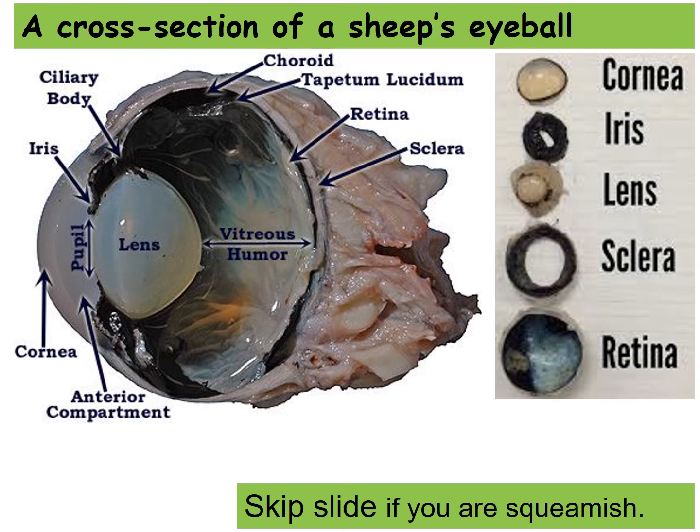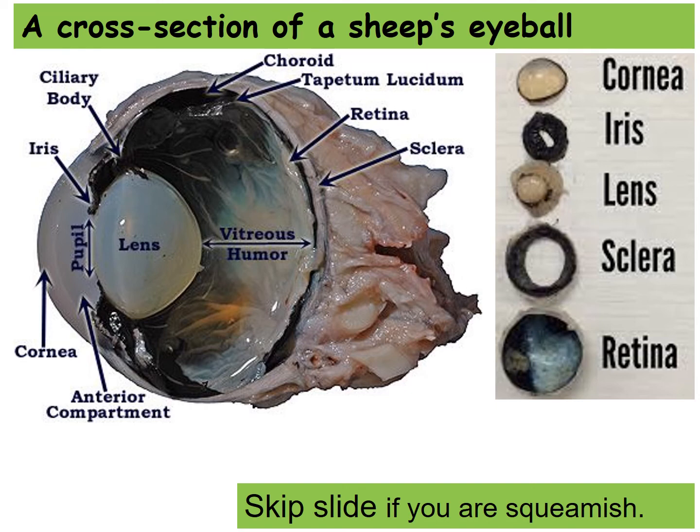So, if you're a bit grossed out by this picture, feel free to change the slide. If you're not, then what you're looking at is a cross-section of a sheep's eyeball. So this is a sheep's eye that has been dissected or cut in half.